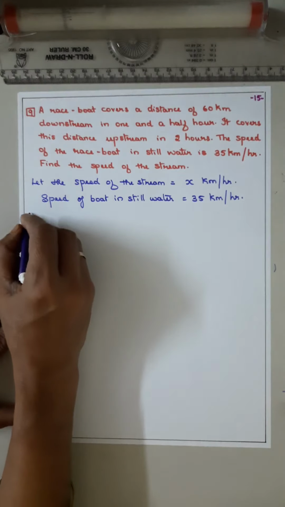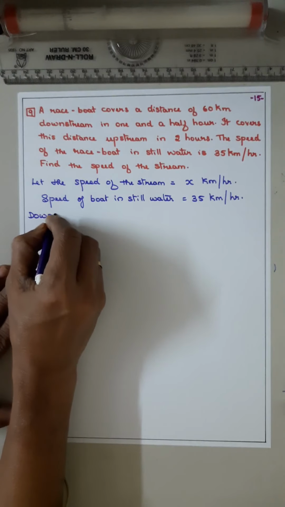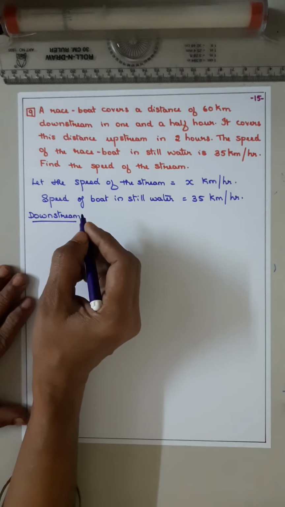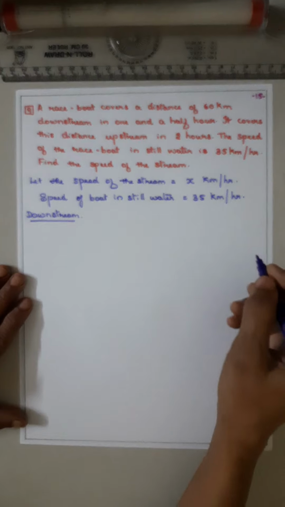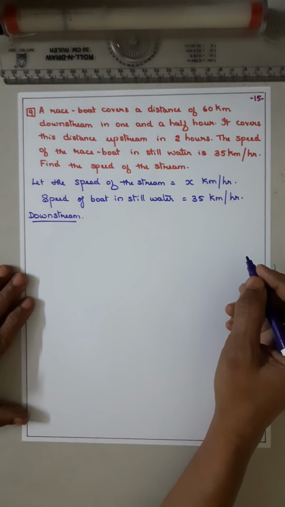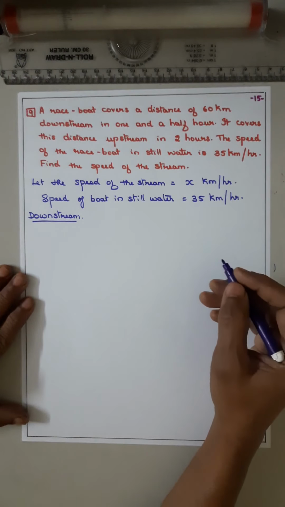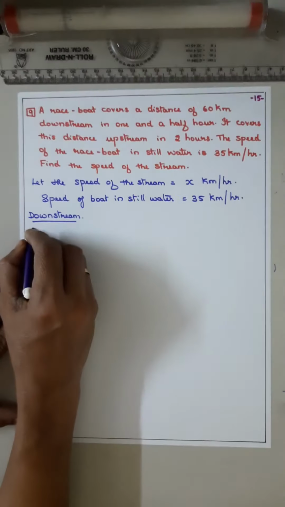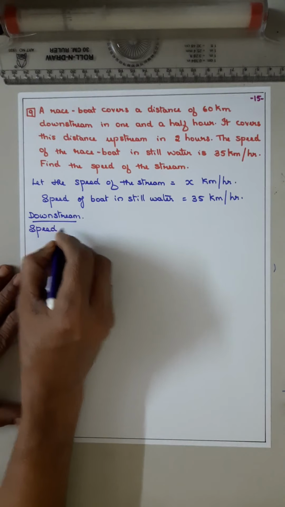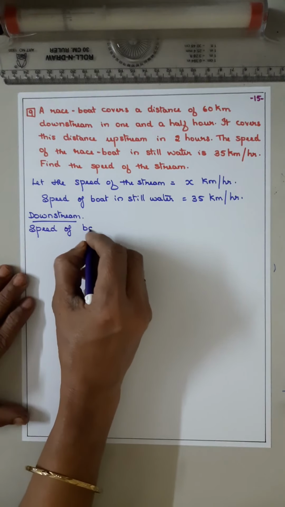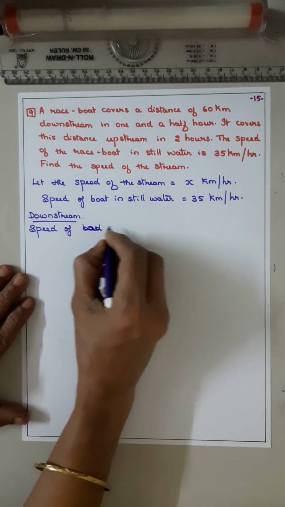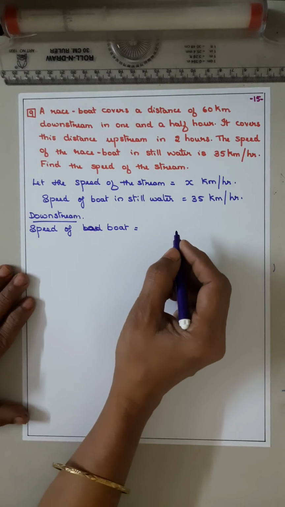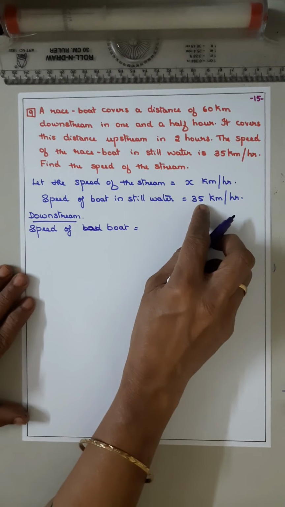Now downstream. When you check downstream, remember, downstream will be the speed of the boat plus the speed of the water. So the speed of the boat plus water.